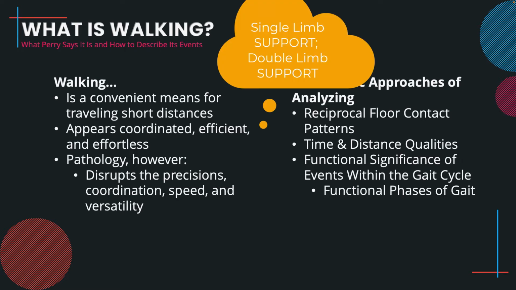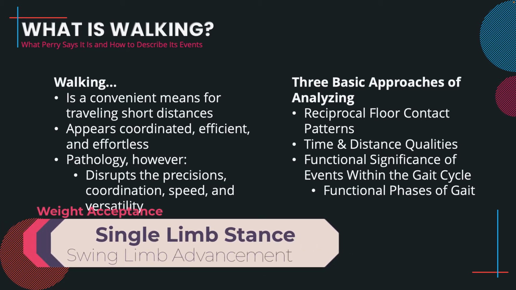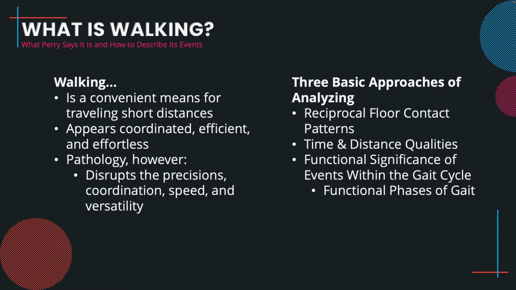This also encompasses terms such as single limb, double limb, etc. And then finally we have your functional phases of gait, which include weight acceptance, single limb stance, and swing limb advancement, and the events that occur within them. And so we like to use the Rancho Los Amigos terms to be able to break gait down even further into initial contact, loading response, mid-stance, terminal stance, pre-swing, initial swing, mid-swing, and terminal swing.